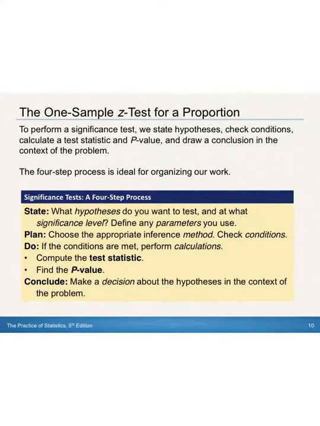We're going to want to make sure that we follow our 4-step plan. We're doing it in class. I don't need to read these things to you, but remember that the state step includes the hypotheses. Not remember, I said it incorrectly in class. You want to state your hypotheses at that point, and at what significance level, and any parameters. Notice there's no mention in the state step about the data that's been collected in the one sample. You're going to choose the appropriate inference method.